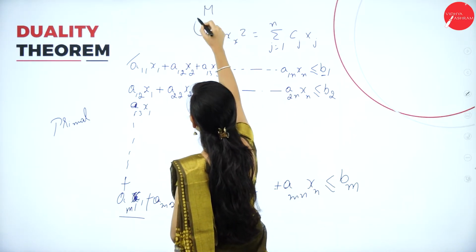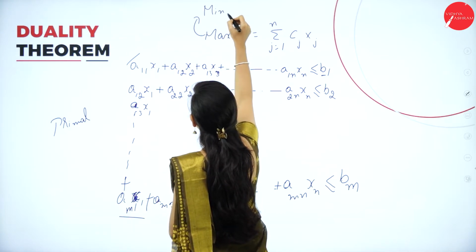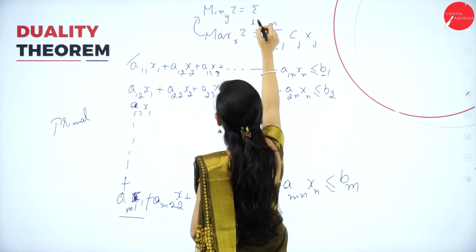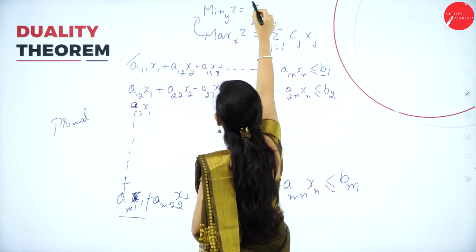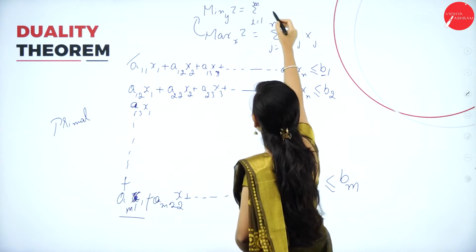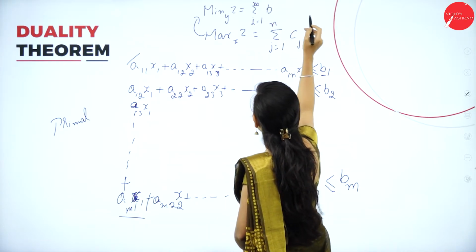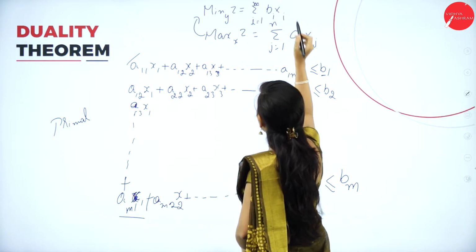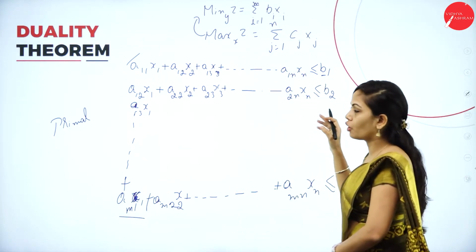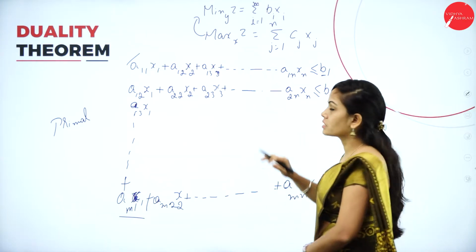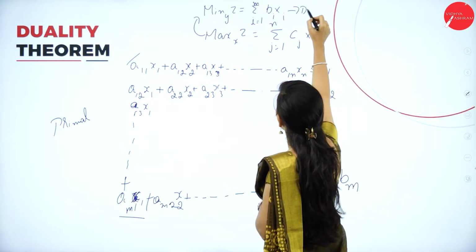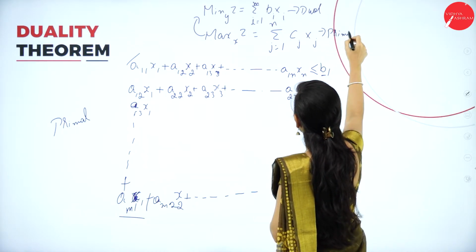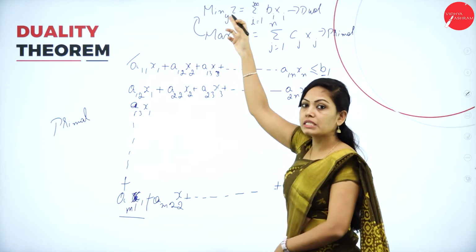Dual of this max is min y z is equal to sigma, i, j changes to i, m changes to n, and c changes to b, and j changes to i. So this is your min of this max. So this is your dual of this primal. So primal is original, dual is derived one.